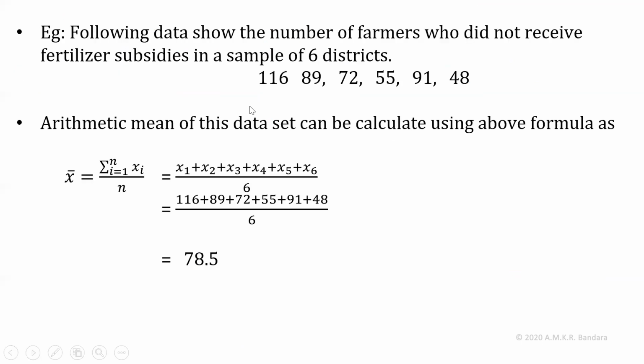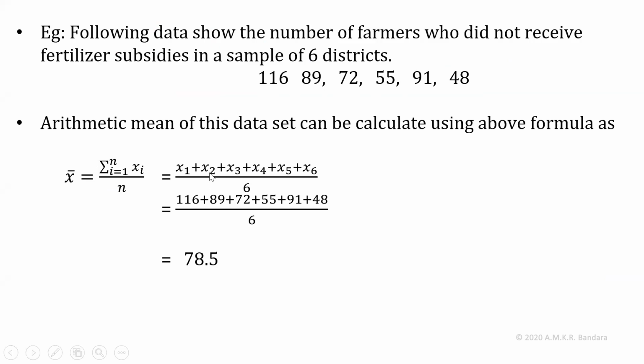So arithmetic mean of this data set, as I explained, can be calculated by using this formula, that is summation i, where i equal to 1 to n. So this i represents first observation in first case, that is 116.